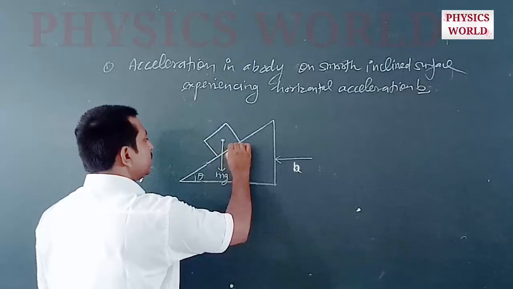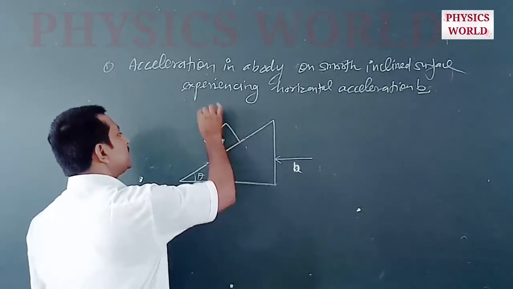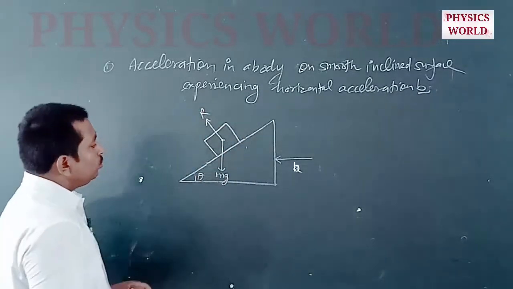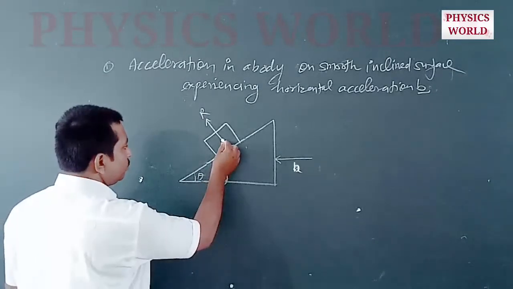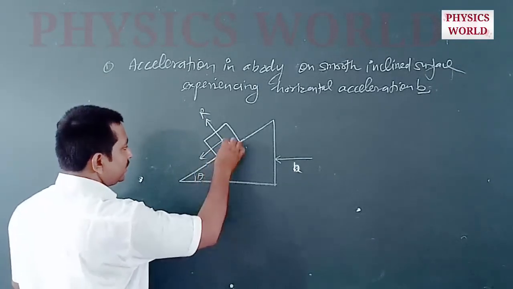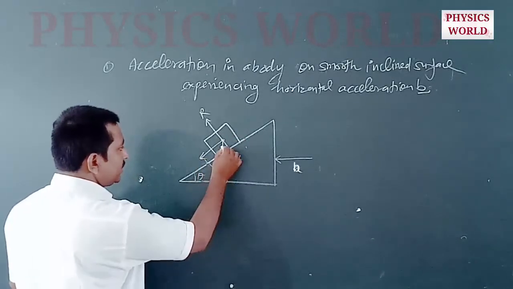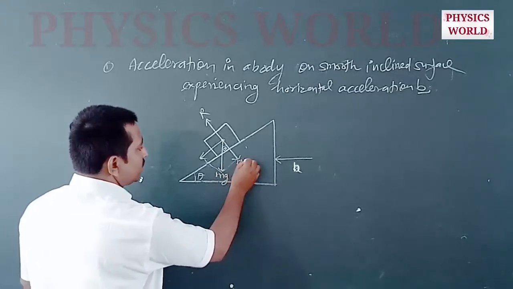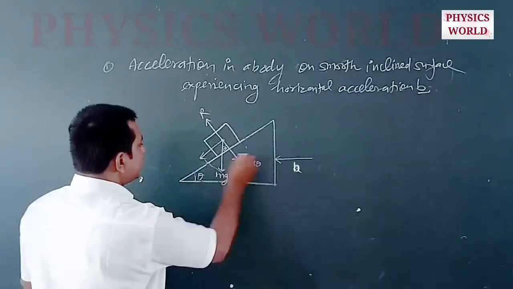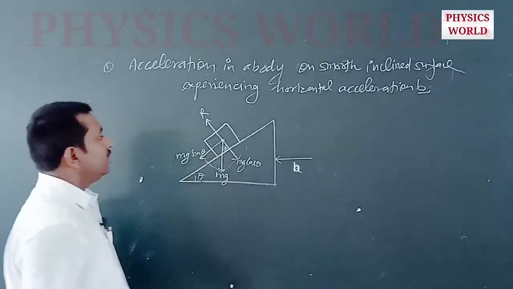This will be normal to the contact surface, that is along this direction. Then we can resolve this mg into its two components, one along here and the other along here. Because this one is theta, this is also equal to theta. So this becomes mg cos theta, and this becomes mg sin theta.